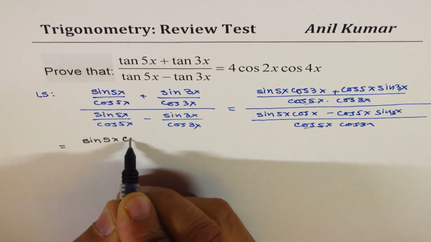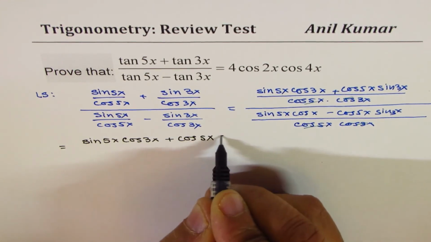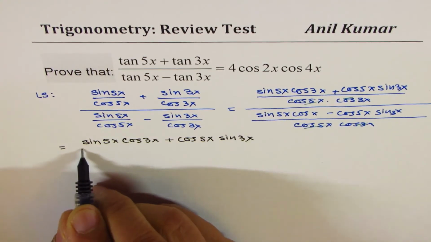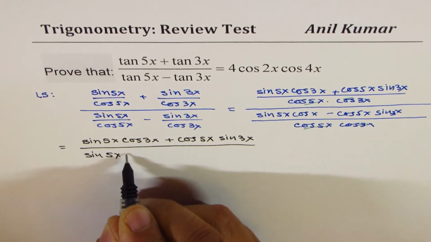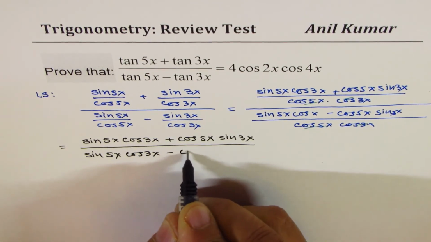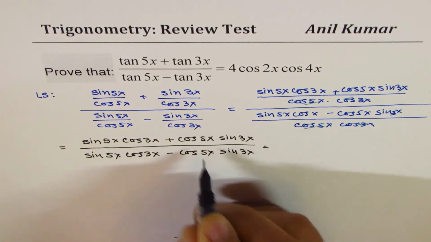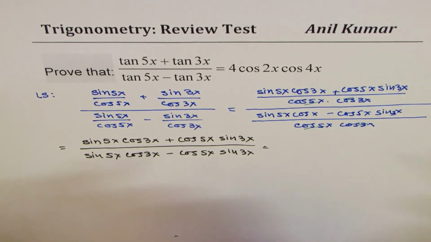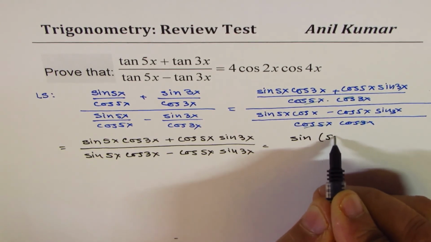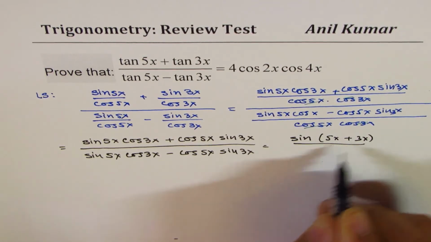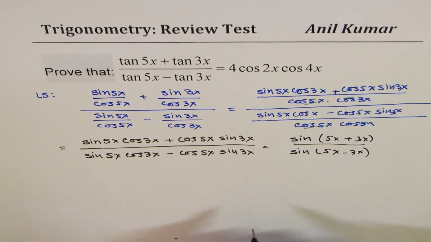So which is sine 5x cos 3x plus cos 5x sine 3x divided by their difference, sine 5x cos 3x minus cos 5x sine 3x, which reminds you of the formula for sine A plus B. So you could write this as sine 5x plus 3x, and here we have the difference, sine 5x minus 3x, right?